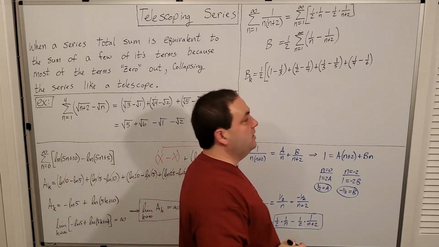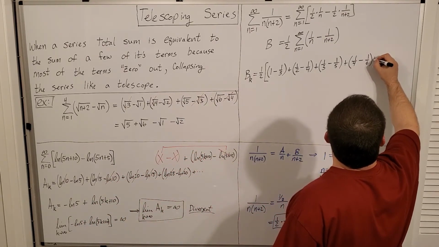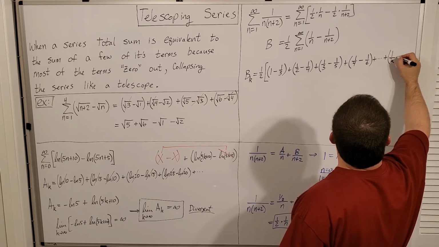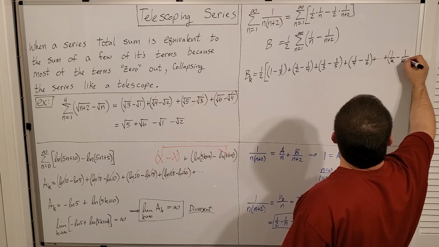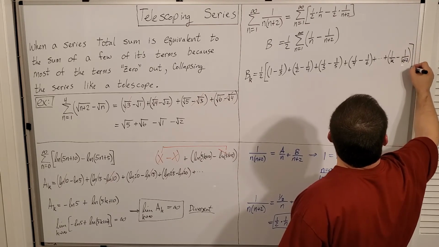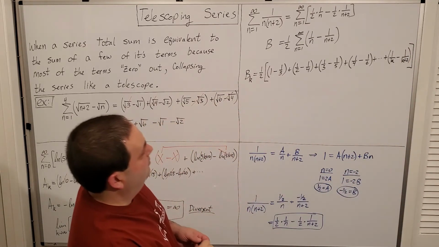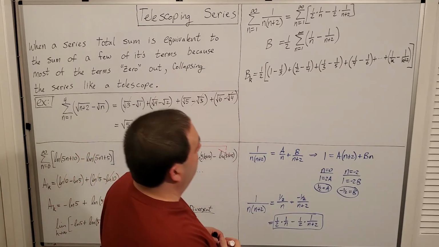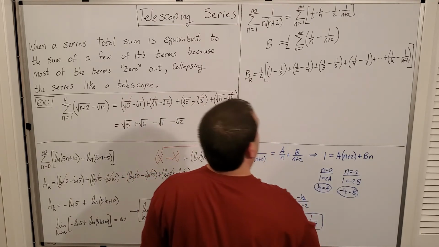And now I want to add the generic one. Plus dot dot dot plus 1 over k minus 1 over k plus 2. Like so. Okay? Let's go ahead and do all of the zeros that we have currently.